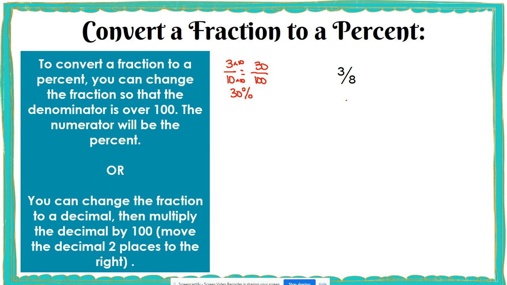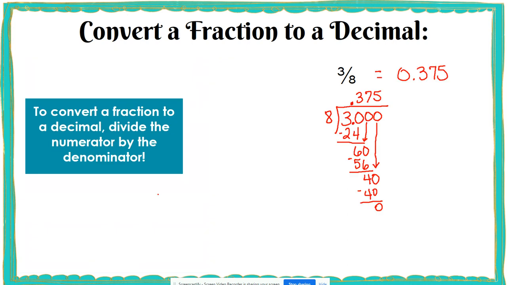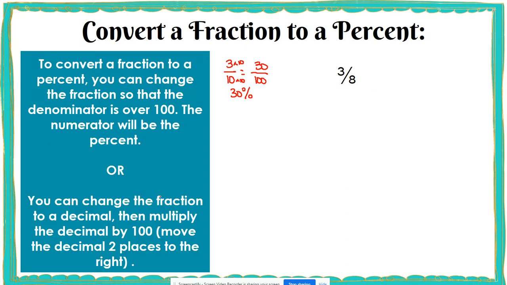But in other fractions like 3/8, that's not as easy because 8 does not go evenly into 100. Instead, what I can do is change the fraction to a decimal, which we did previously. We found that that was 0.375. And once we know the decimal value of our fraction, we can multiply our decimal by 100.